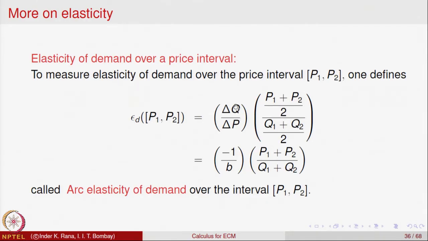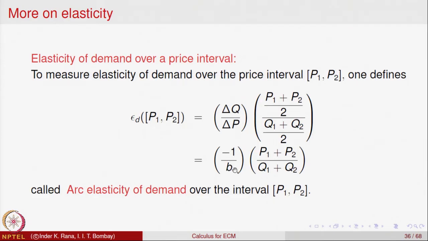That also is nothing but the relative change, proportionate change in Q by P, and here it is the average. Instead of taking P by Q, we take the average, (P1 plus P2) by 2 and (Q1 plus Q2) by 2. We take the average of that interval.